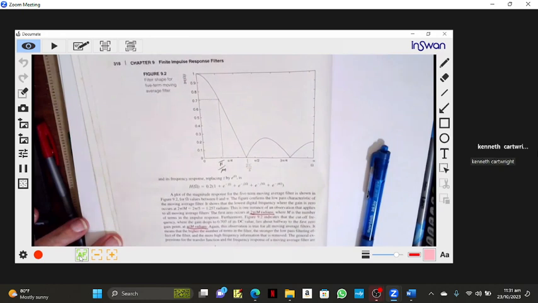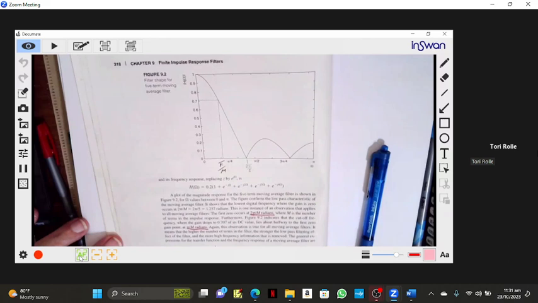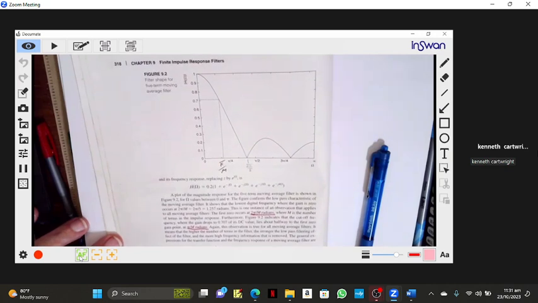Why do we say, aha, there's the cutoff frequency?